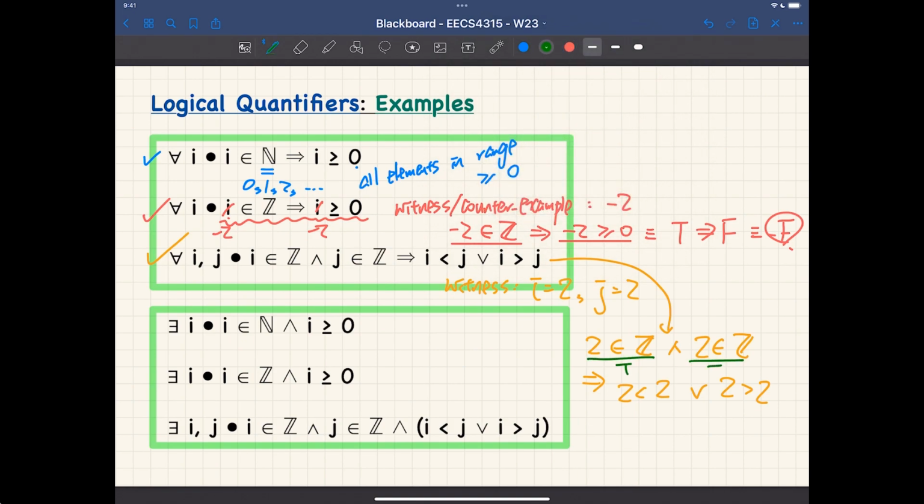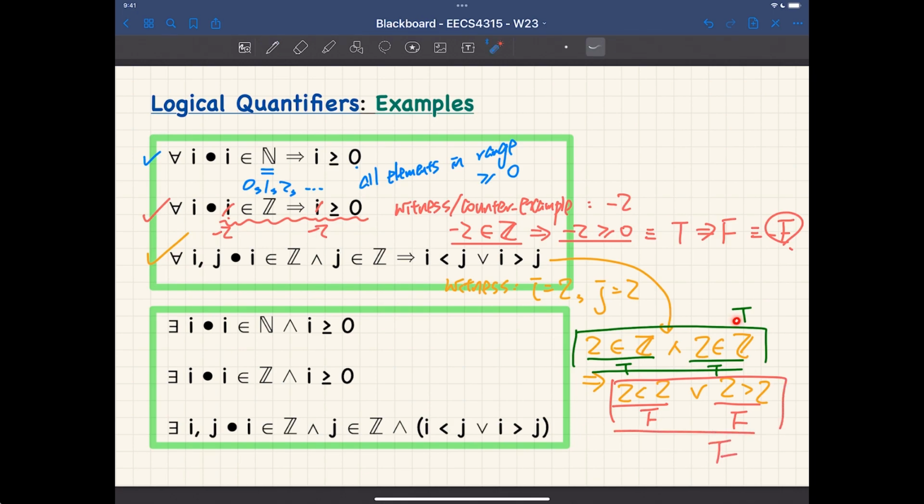This part here is true. This part here is false. This part here is false. And then true and true is going to give you true. False or false is going to give you false. So you got true implies false, which gives you false. All right? Good. Hopefully you're following.